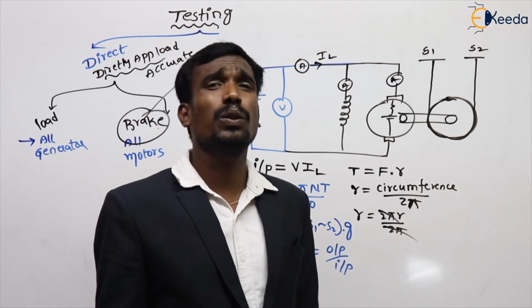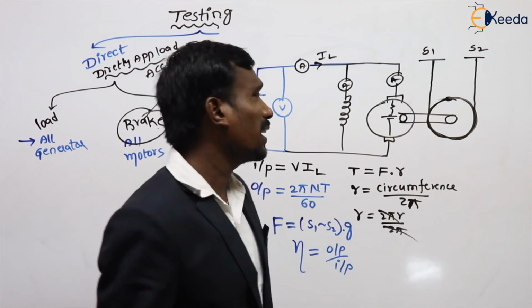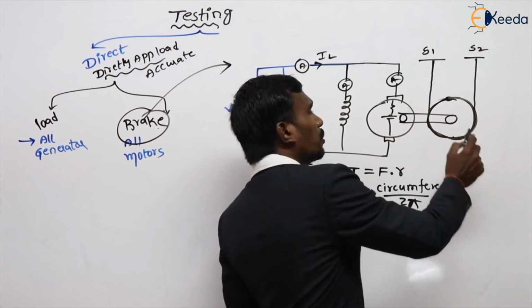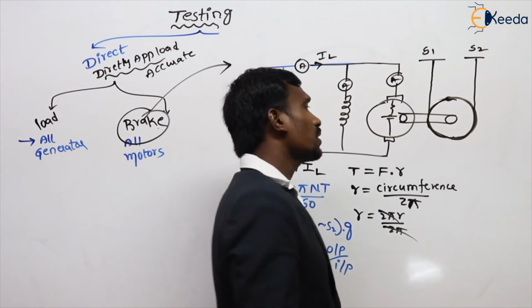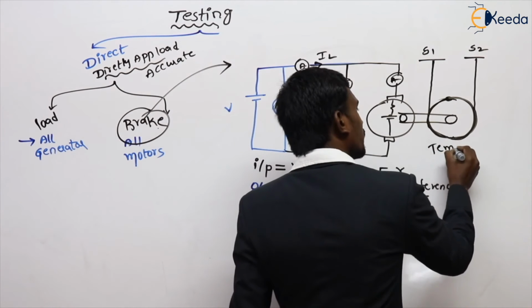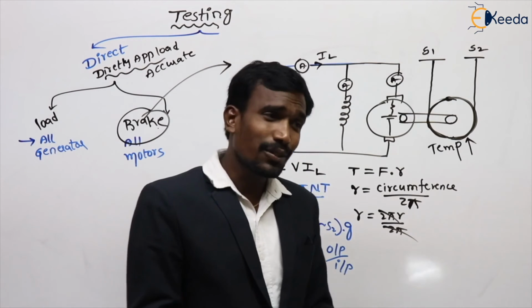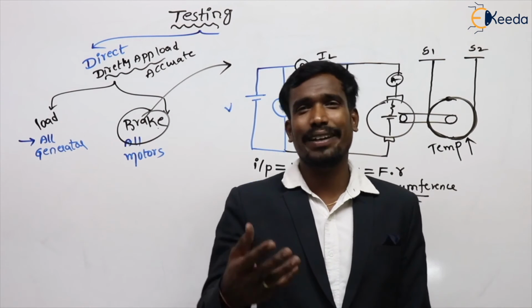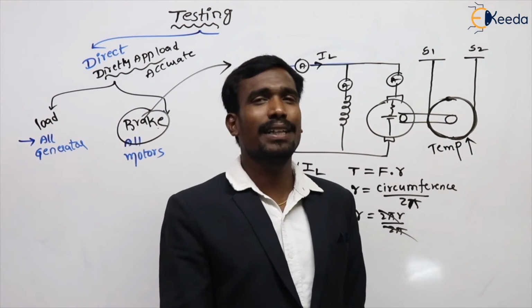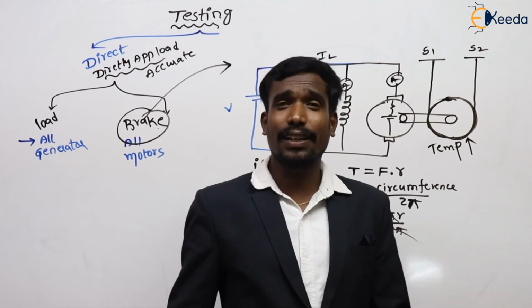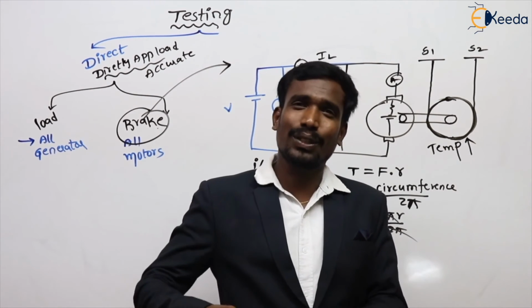What are the disadvantages? Here we are applying a mechanical load, which increases the temperature. High temperature will be produced here. That's why in your diploma or BE or BTech, when you are doing the brake test, you have one water bottle.